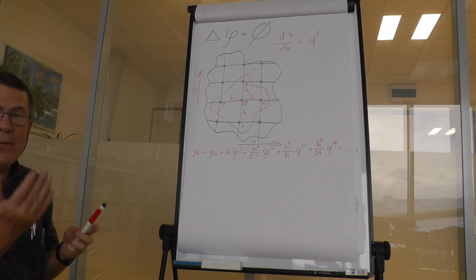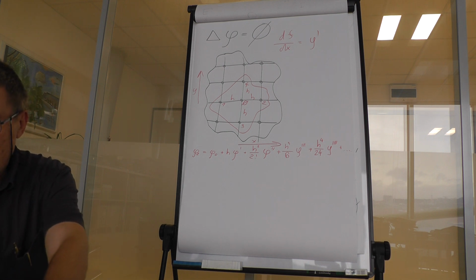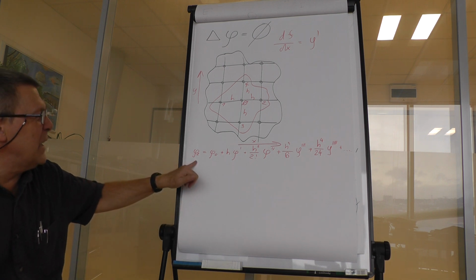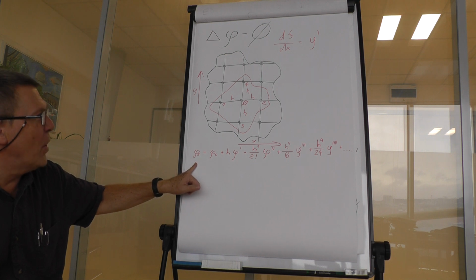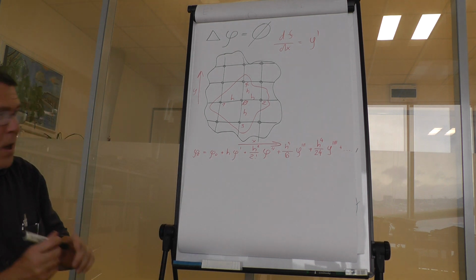So now I would directly put down the equation for the potential in point phi 1 with no comments.